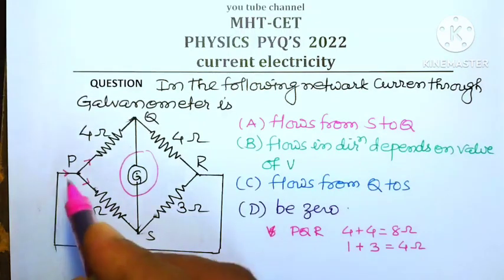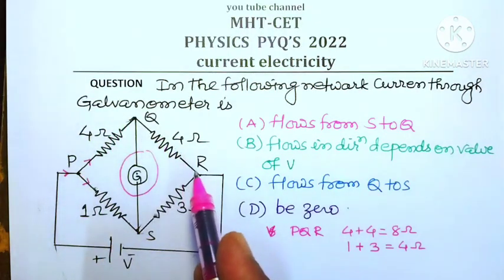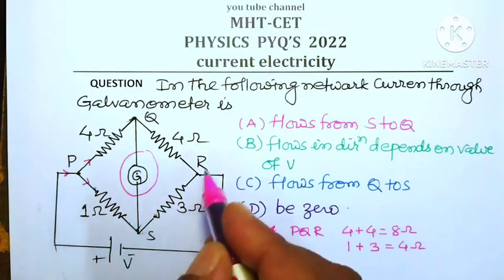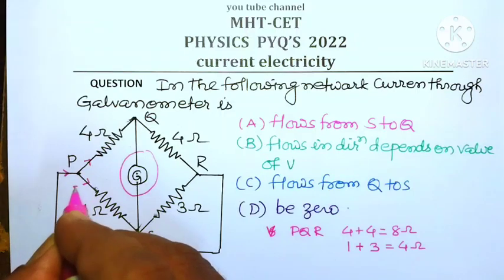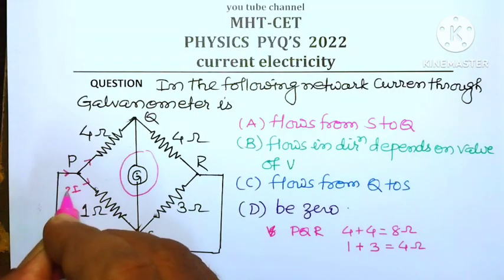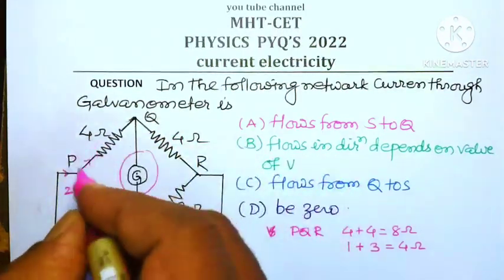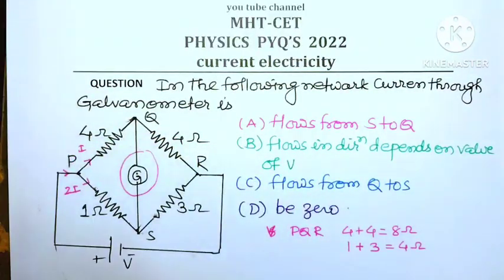If I assume that the current flowing through the branch PQR is I, then the current flowing through the branch PSR is 2I. Why did I take current I through the branch PQR and 2I along the branch PSR? Because the effective resistance of the upper branch is exactly double that of the lower branch.